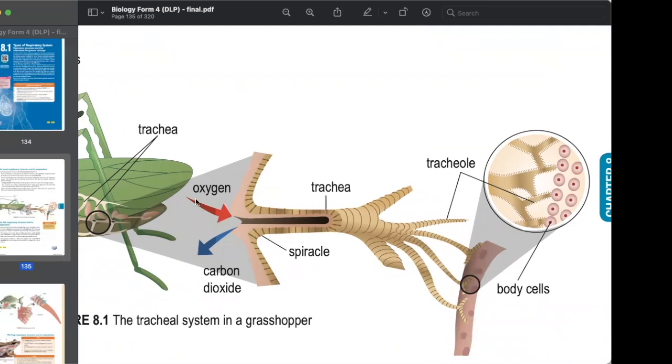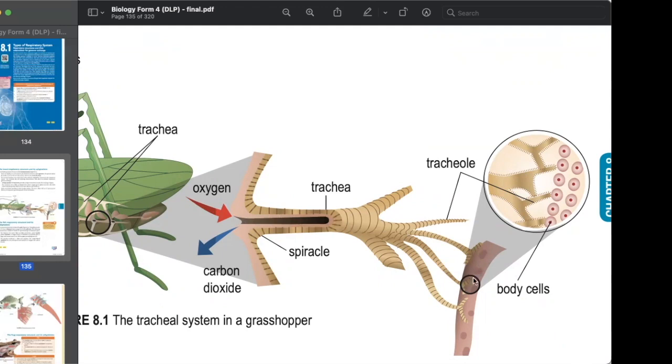So the oxygen will go inside the tracheal system through the spiracle. From the spiracle, it goes to the trachea. From the trachea, it goes to the tracheole. And the last destination is the body cell, because we know that the body cell is the one that requires oxygen.